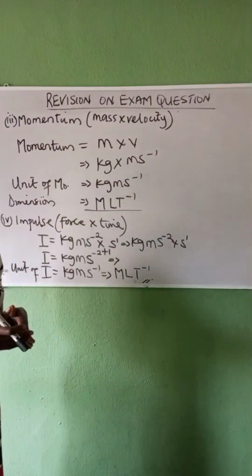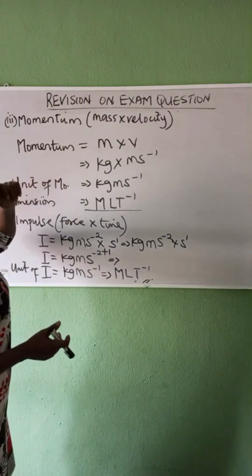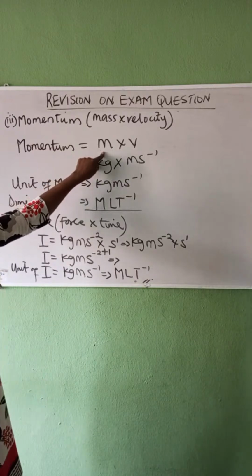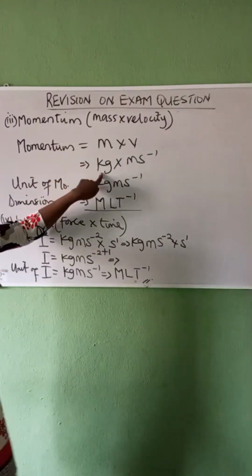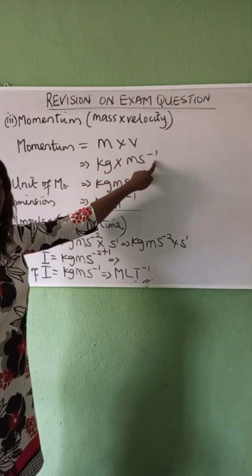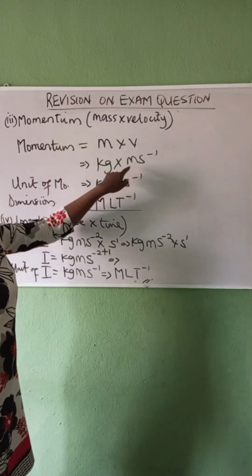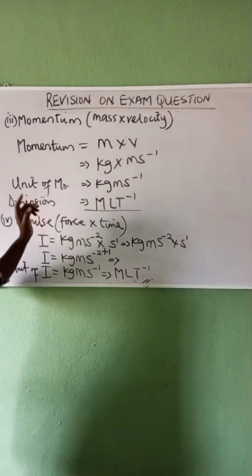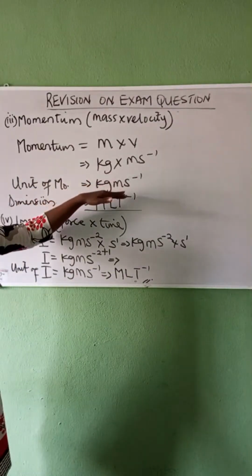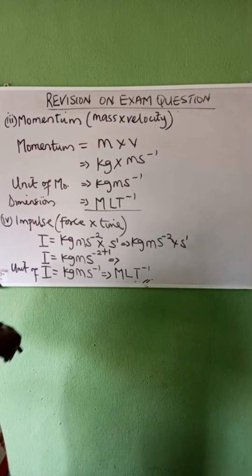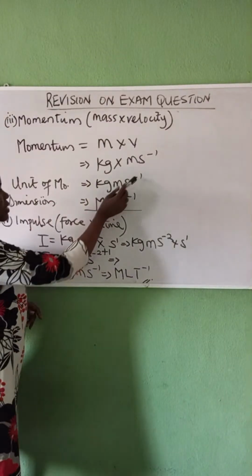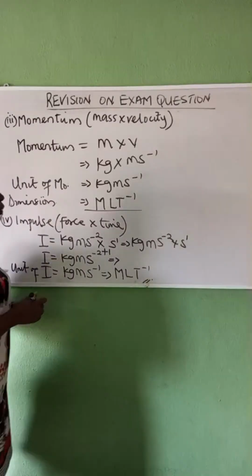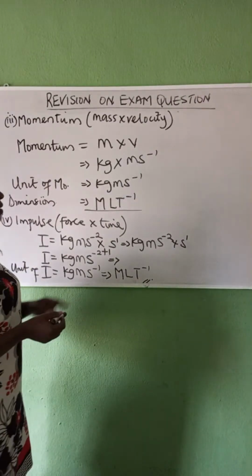Momentum is equal to mass times V, right? What's the unit of mass? Unit of mass is kilogram. And unit of velocity is meters per second. So our unit of momentum is kilogram meters per second.